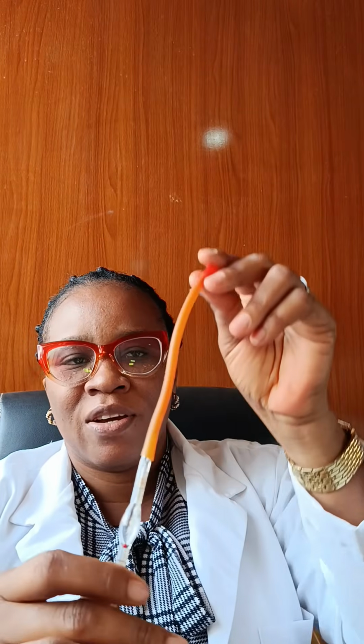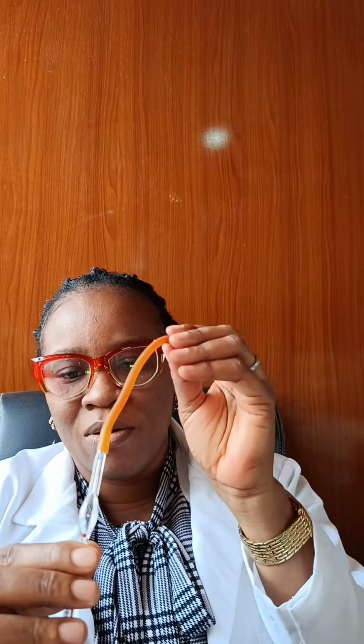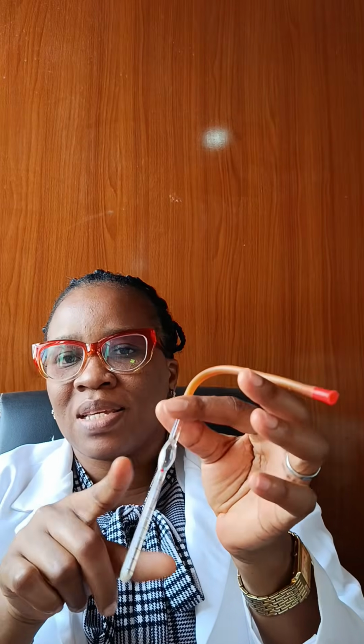I'm going to explain the principle. For the equipment needed for RBC, we have the RBC pipette, which can easily be identified with this red bulb inside. I don't know if you can see it. There is a red bulb inside the pipette for the red blood cell, and it is graded up to 101.